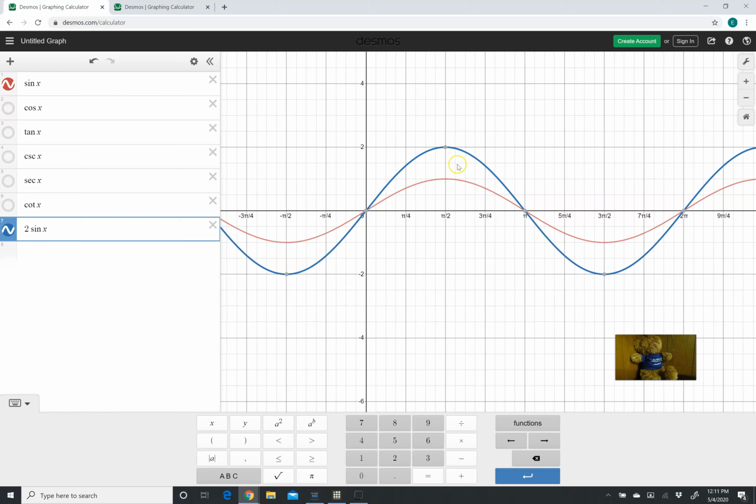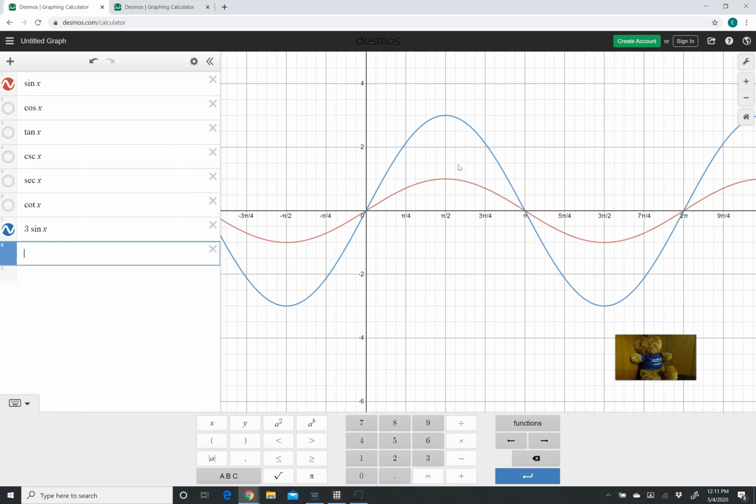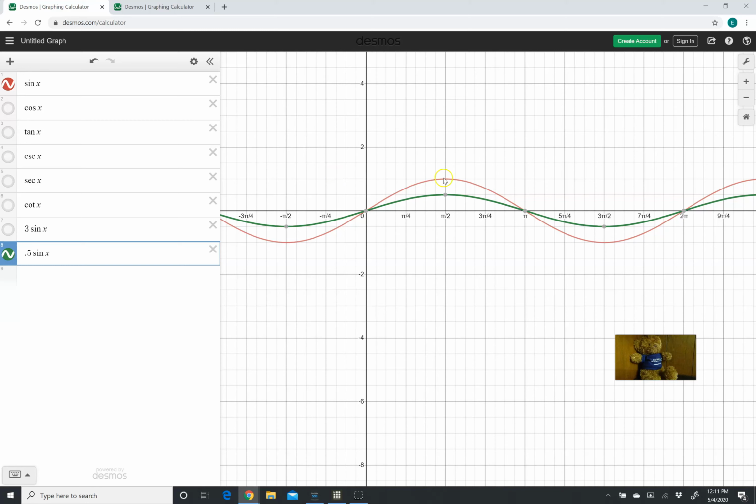We just vertically stretched this graph. If we multiply it by 3, we vertically stretch the graph even more. If we multiply it by 0.5, well, then we vertically shrunk the graph, right? This is lower. This height is called the amplitude, and I'll write this down.